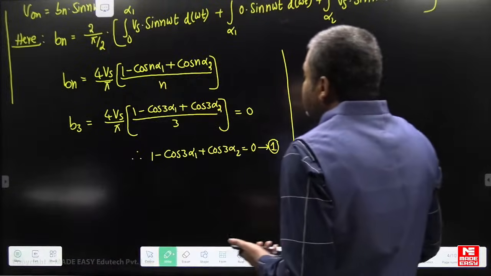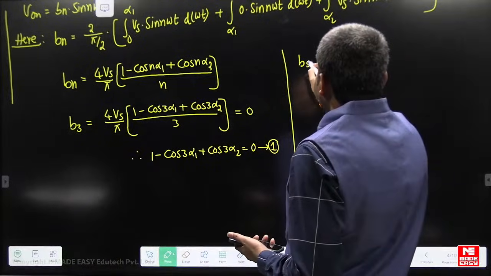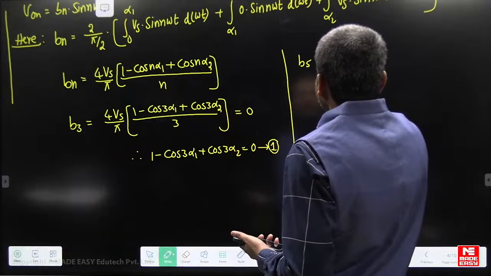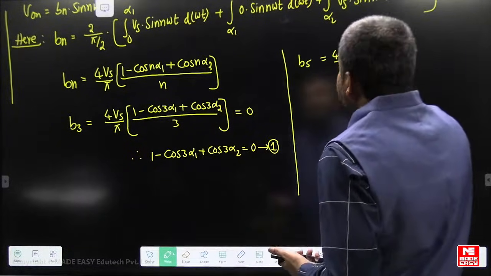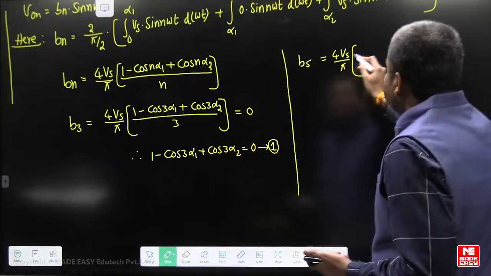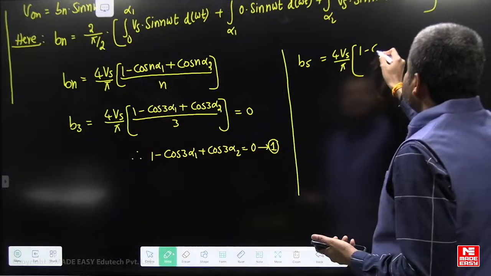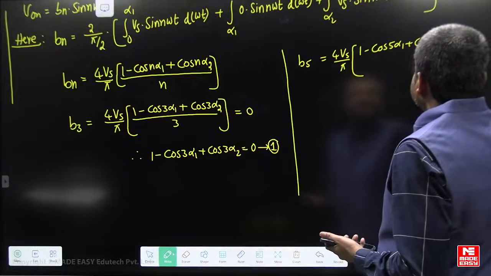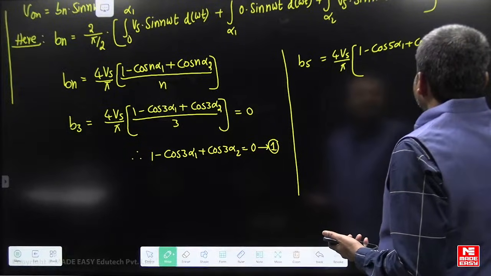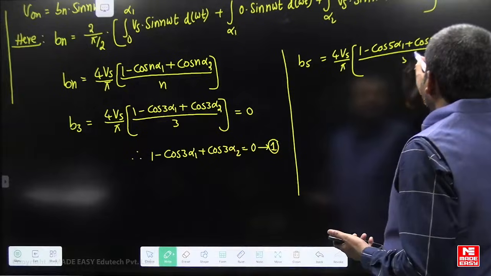Then equate the fifth harmonic voltage to 0. What is the fifth harmonic voltage? 4Vs by pi into 1 minus cos of 5 alpha 1 plus cos of 5 alpha 2, by 5, substituting n is equal to 5.